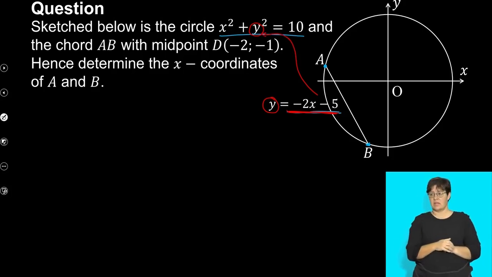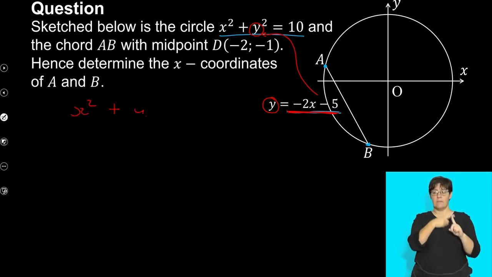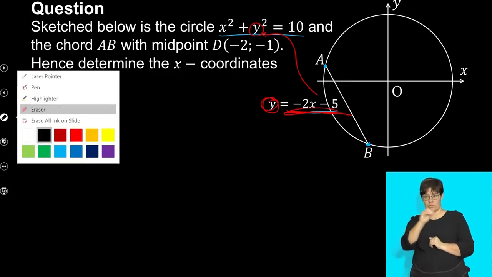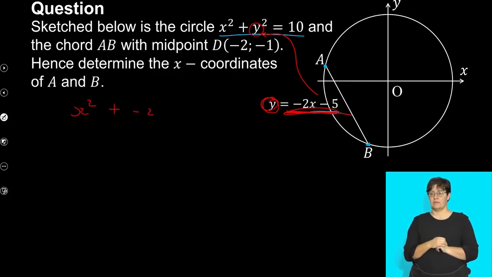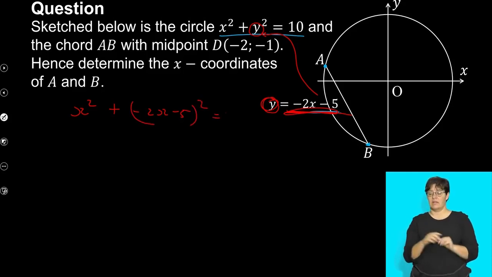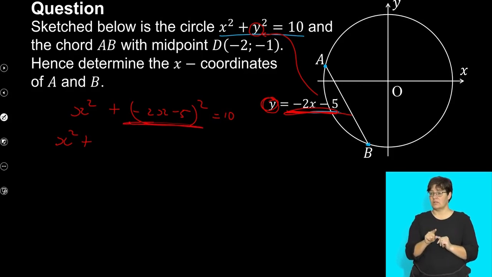If I do that, I'm going to get x squared plus y squared, but now y is equal to minus 2x minus 5, so instead of y squared, I'm going to write minus 2x minus 5 squared. This is equal to 10, and this gives me an equation where I can solve for x. Again, what's crucial is when we do something like this, I write this out twice.